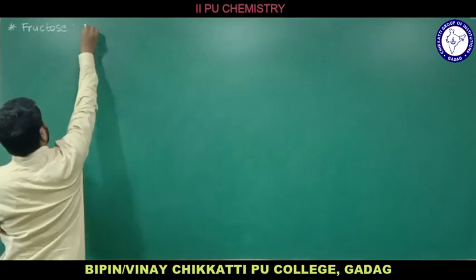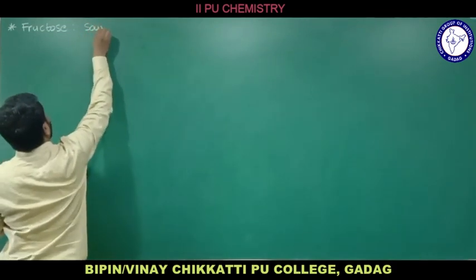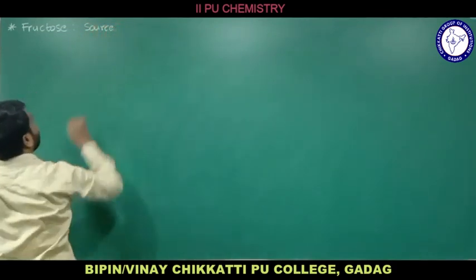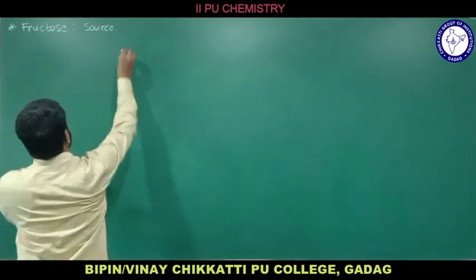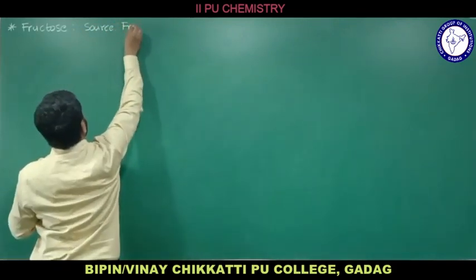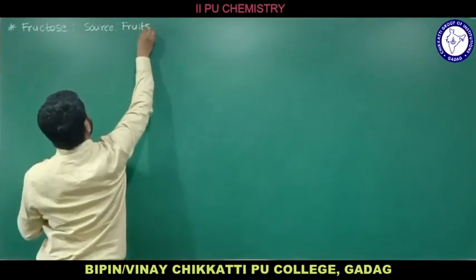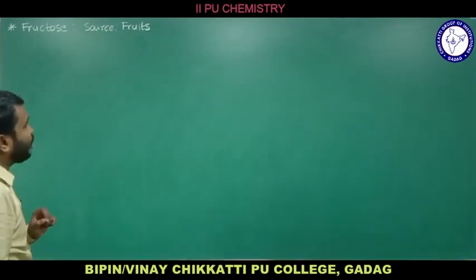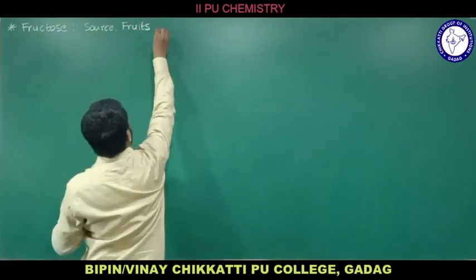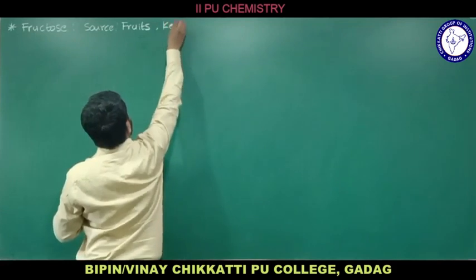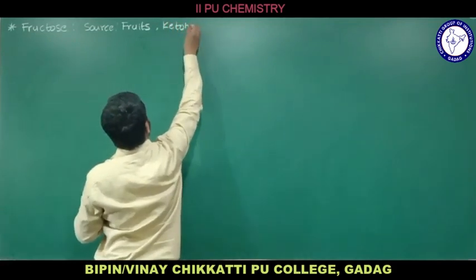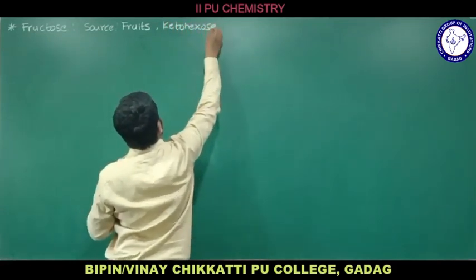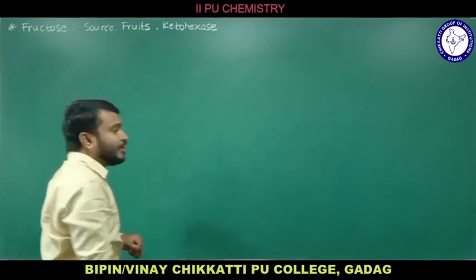First we'll see what is the source of fructose. The source of fructose is fruits. Fruits contain fructose, and we can call fructose a ketohexose.